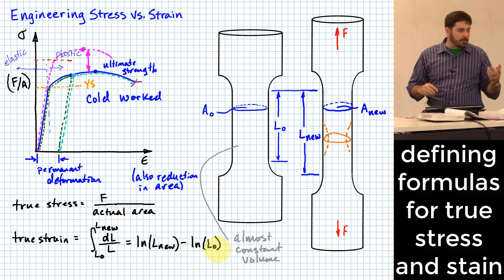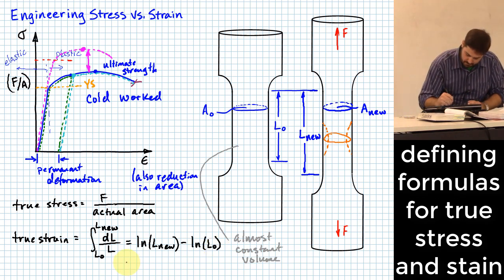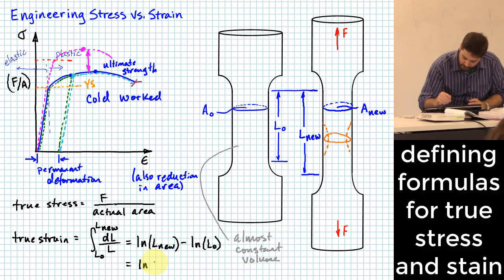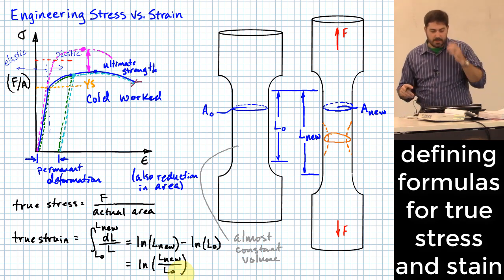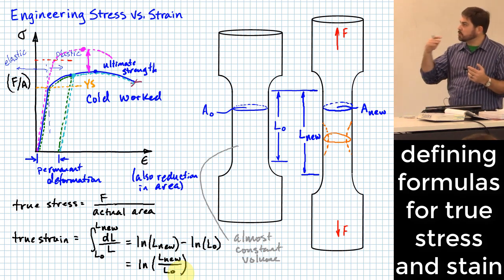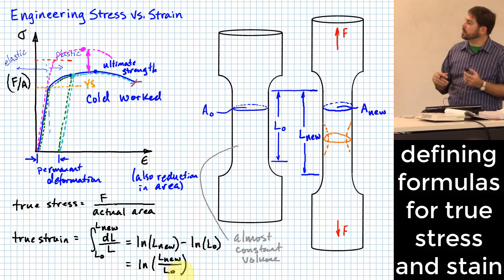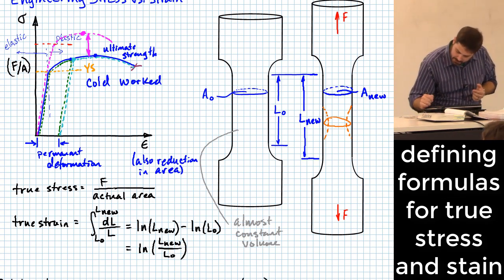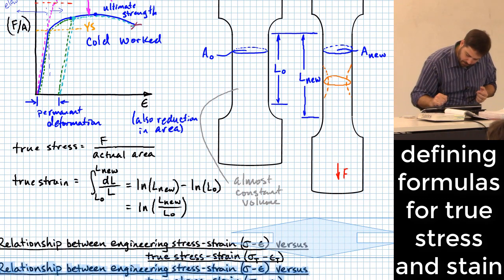But by the rules of logarithms, you would have the log of L new over the original length. Okay, so these are good things for us to know: true stress and true strain are things that we can evaluate. And let me actually do this too. I'm going to give myself a little bit of room here.